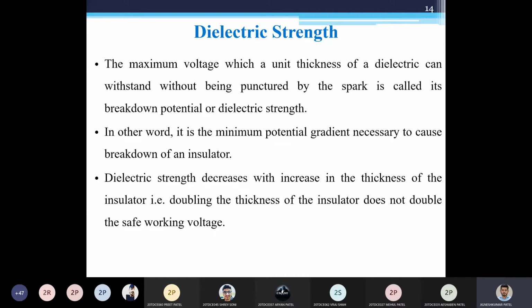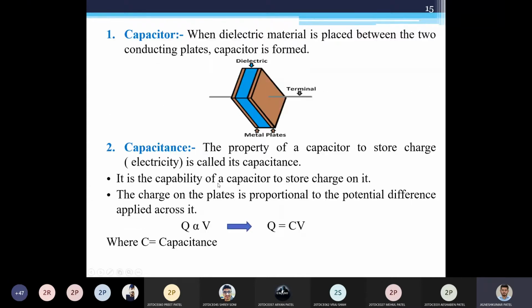Literally a spark will jump from the positive plate to the negative plate, and that is a breakdown. The ability to withstand up to that particular charge until breakdown occurs is the dielectric strength of the material. It is always measured in volt per meter or volt per millimeter. And whenever you increase the thickness of the dielectric media, your dielectric strength would decrease.